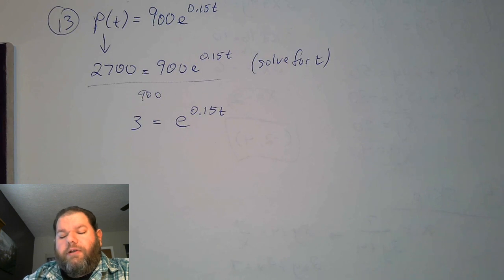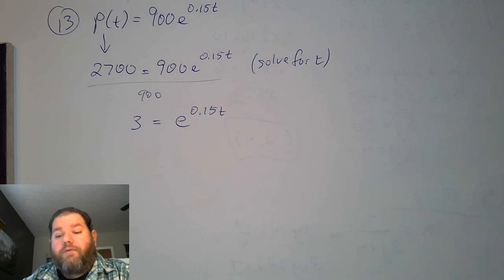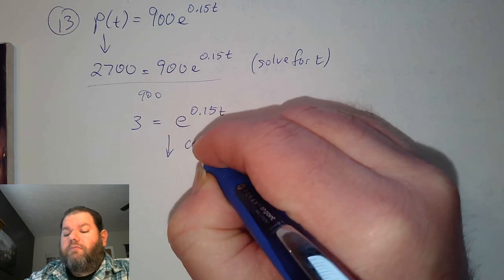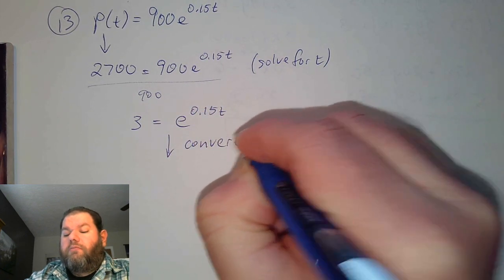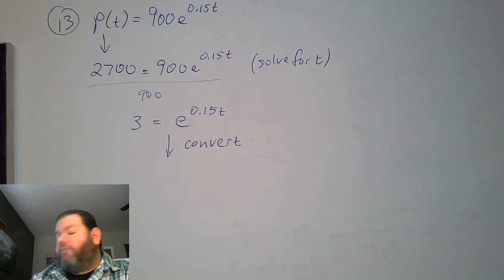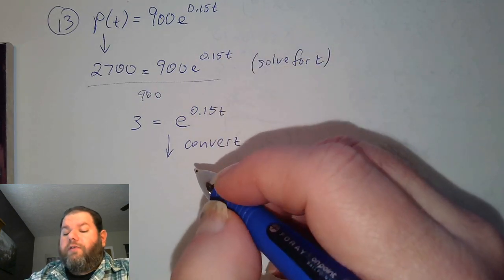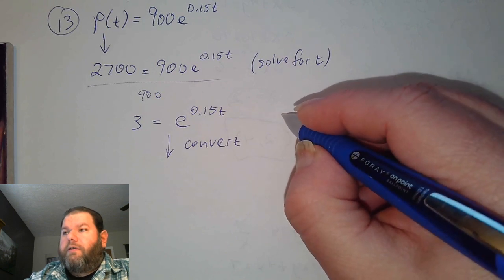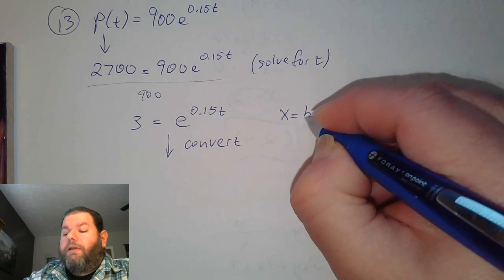Now this one, it actually makes more sense to convert to logarithmic form. So when we convert that, we think about it as x equals b to the y.